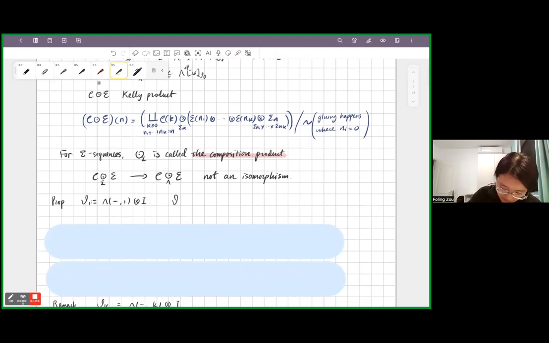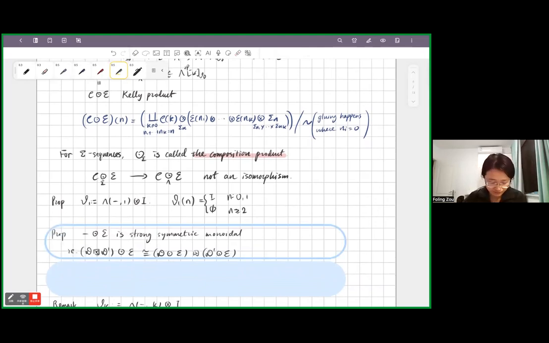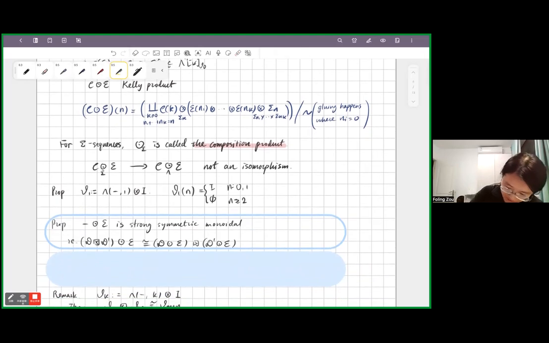In particular, the spaces of I1 at 0 and 1 are the unit, and at n greater or equal to 2, it is the initial object. And I didn't write it, but if we do I1 dot E, this is isomorphic to E, and if we do E dot I1, this is isomorphic to E again.